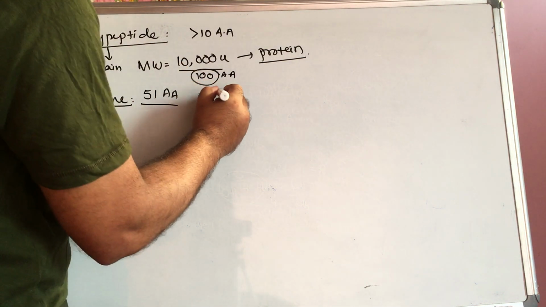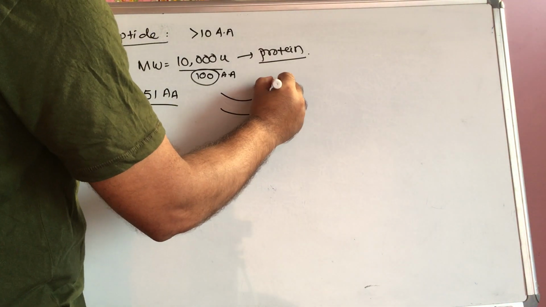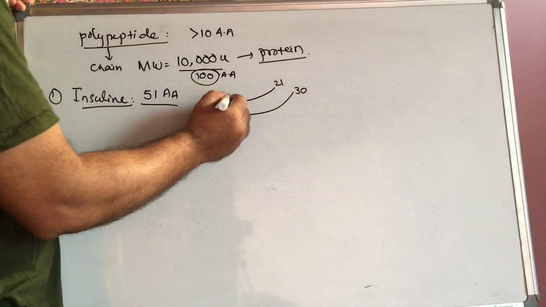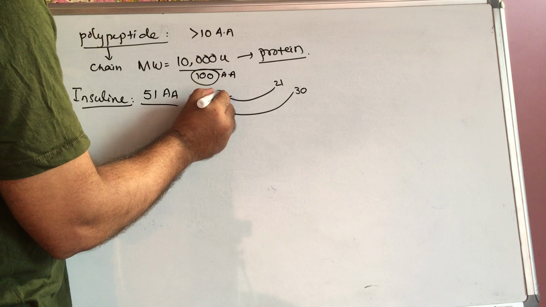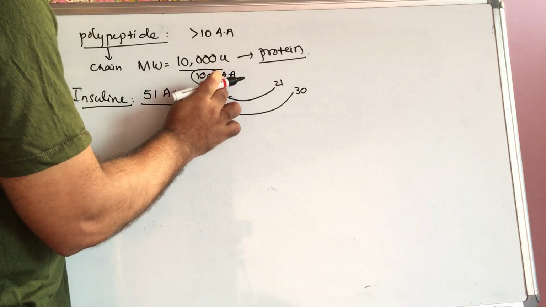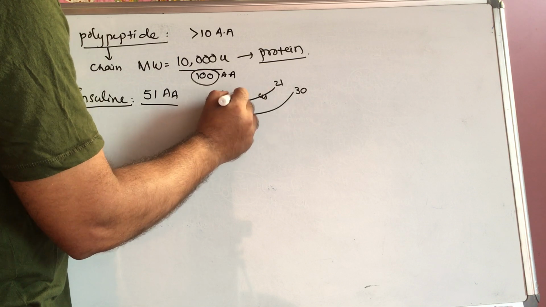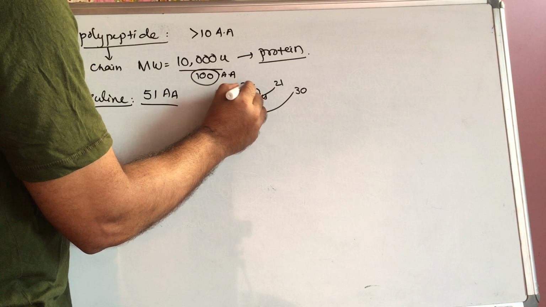Here I am referring to a simple chain. This is one chain, this is the second chain. One has 21 amino acids, the other has 30 amino acids, and in between there are cysteines, so the amino acids will be like A, B, C, D. Consider a cysteine here and one here; between the cysteines a disulfide linkage is formed.